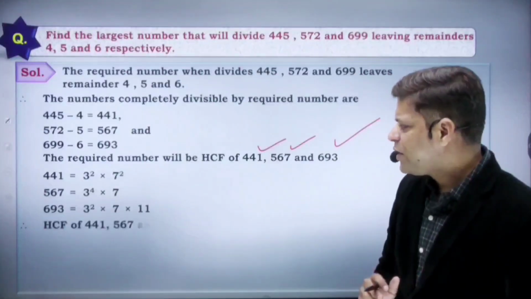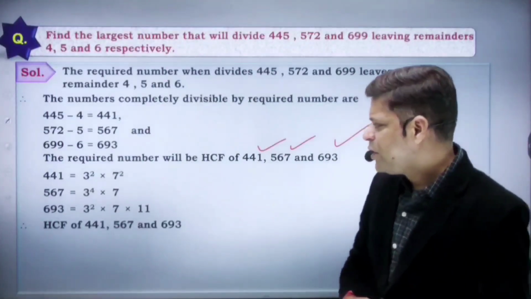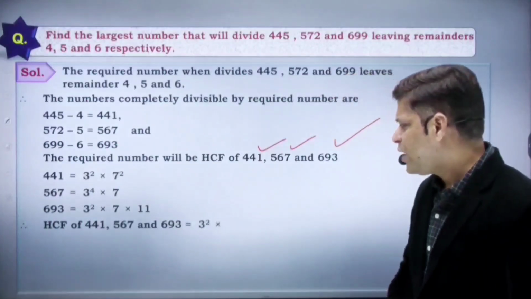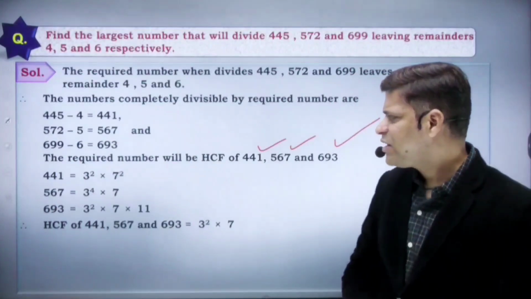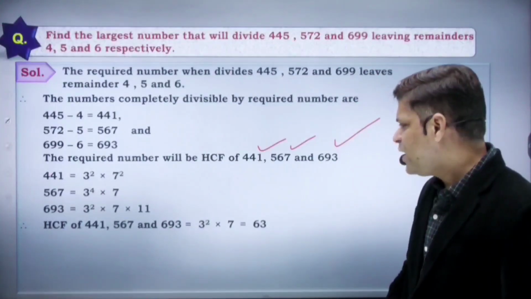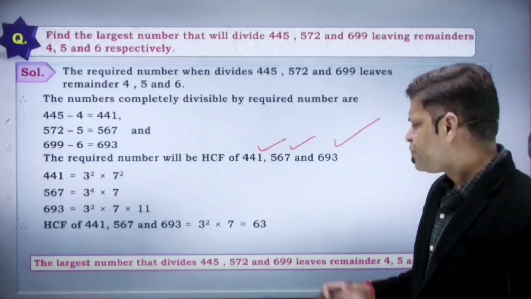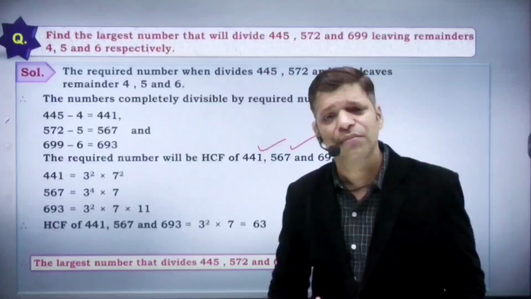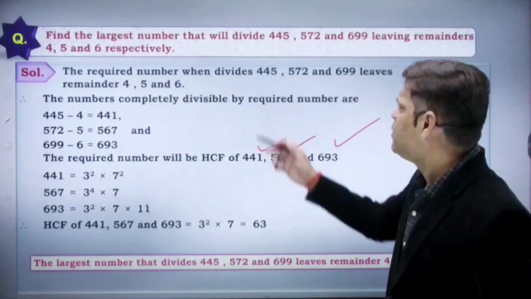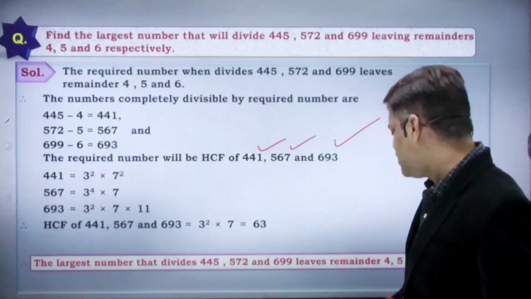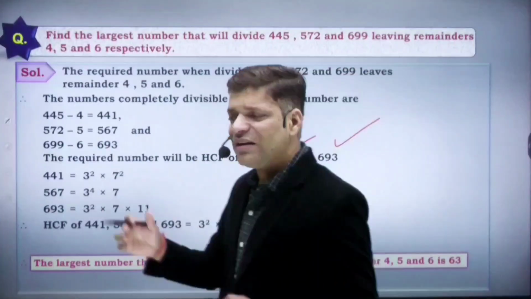Now we can find the HCF of all of them. The common prime factors are 3 and 7 with their least exponents, that is 2 and 1. So the HCF of all of them is 63. So the largest number that divides all three numbers leaving remainders 4, 5, 6 is 63.